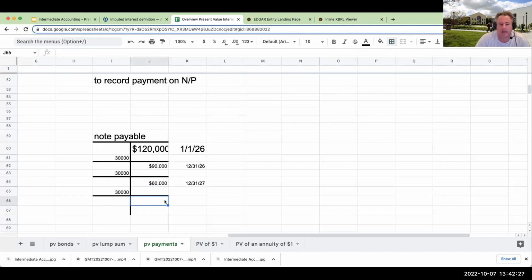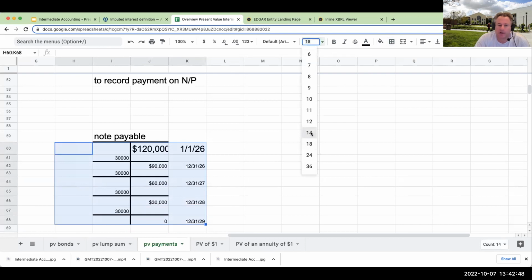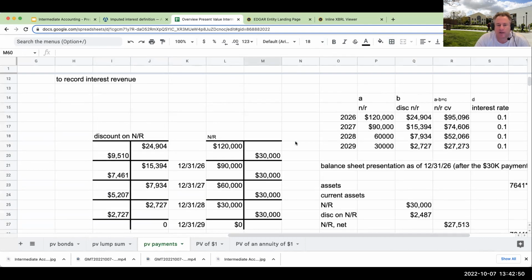So my ending balance on 12/31/28 after I make the payment is going to be $30,000. Make another $30,000 payment. And so I will owe 0 on this note as of 12/31/29.